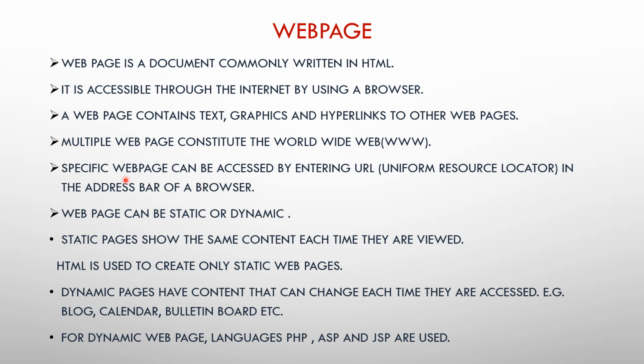Fine. Now specific web page can be accessed by entering URL. URL means Uniform Resource Locator in the address bar of a browser. So what is URL? See, if you want to open some website, in address bar, what do you write?